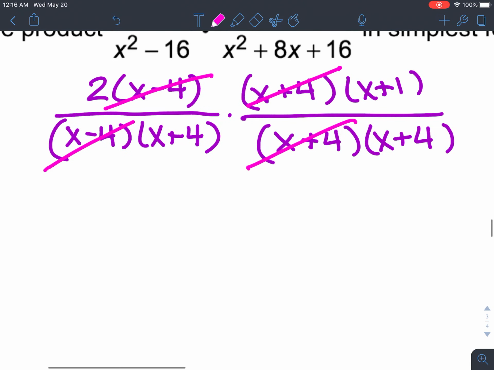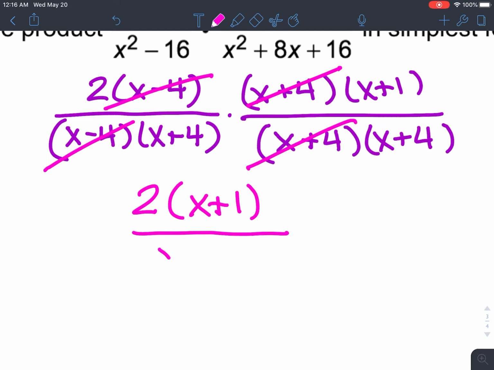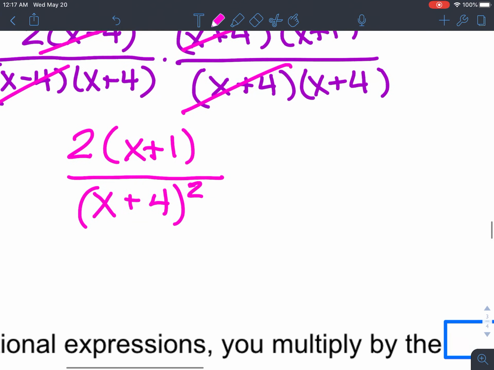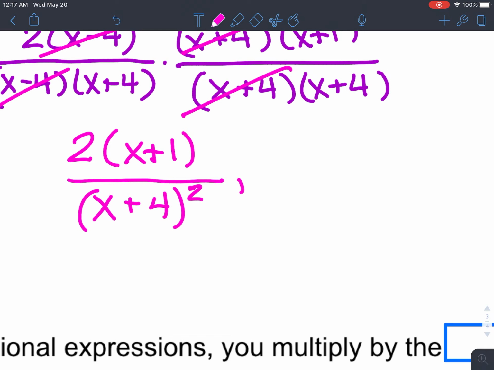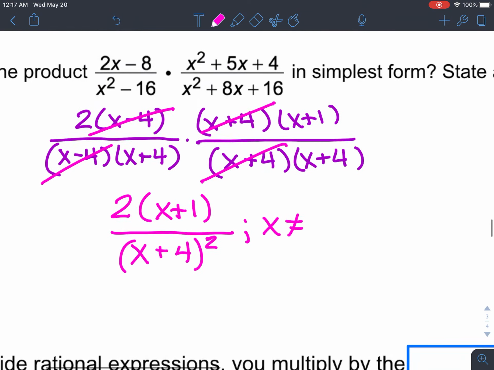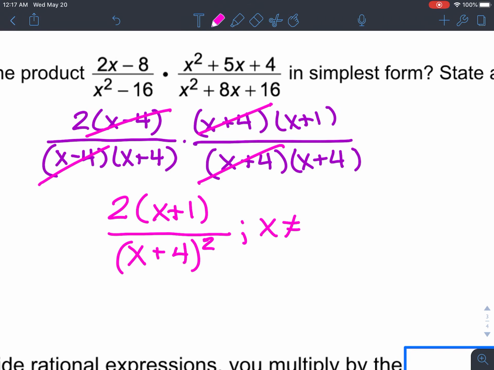Okay, so now for the top, I have a 2, and I have the x plus 1, and then I have 2 x plus 4s. So you do have to write it twice, or do a little squared. And then after that, don't forget, you have to say what x can't be. So you got to go back and you got to look at any possible denominator here. So x can't be 4, x can't be -4.